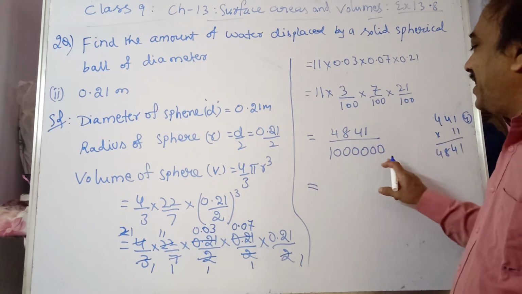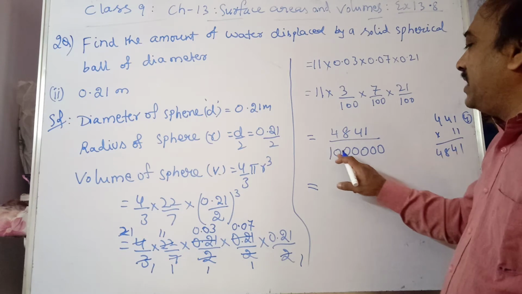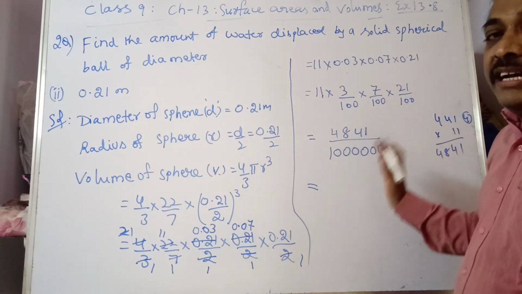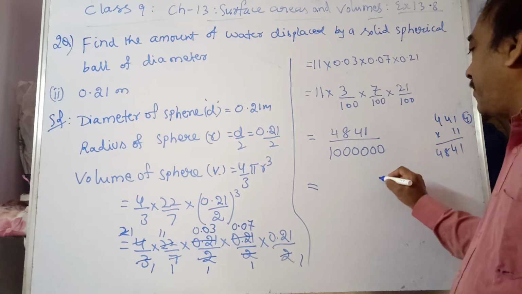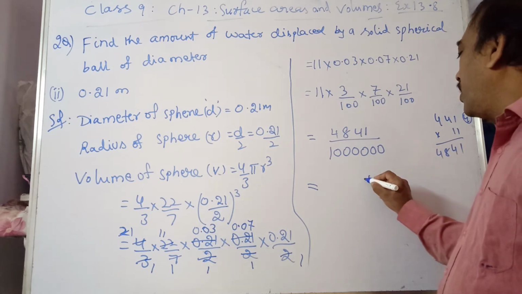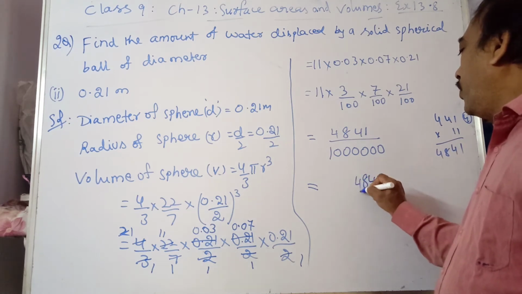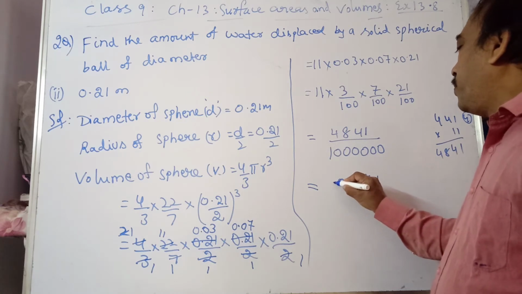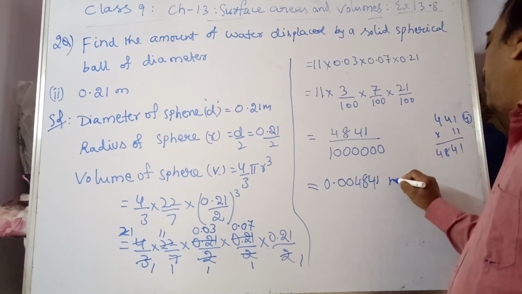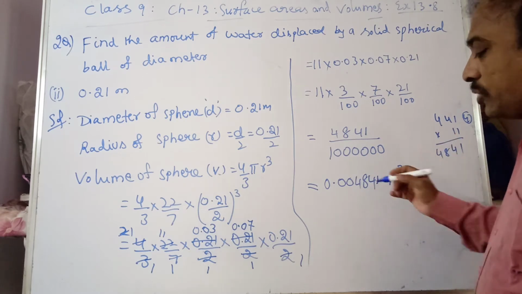many zeros are there in the denominator? 1, 2, 3, 4, 5, 6. So place the decimal digit from right side, you count 6 digits. After 6 digits, 4841, 4 digits over, 5, 6, decimal point, 0 meter cube. So this much.